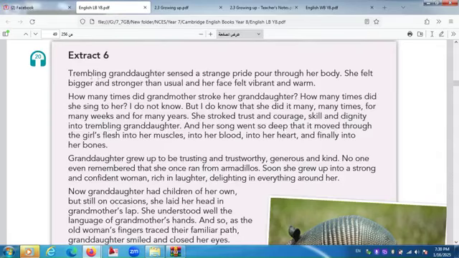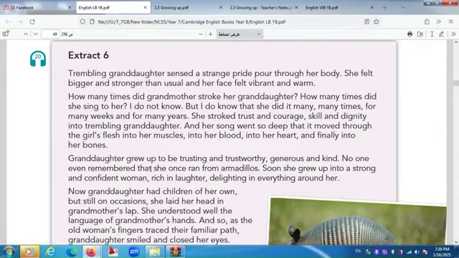Of course, the extract started with the same song, or character change or development. Now she is becoming more courageous, okay? She is not trembling anymore, and the song or the value or the skill or whatever good thing the grandmother is trying to pass to the granddaughter is inside her bones, her muscles, her body, her veins, and her heart, in everything.